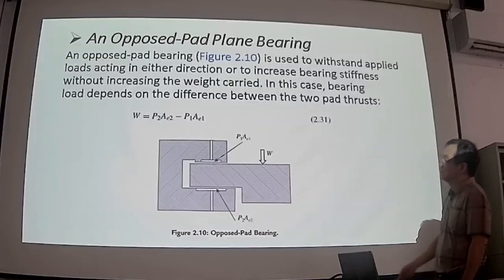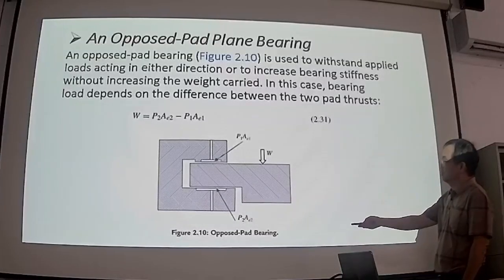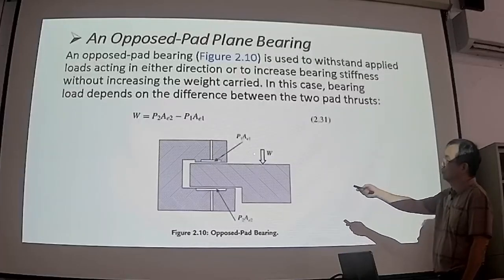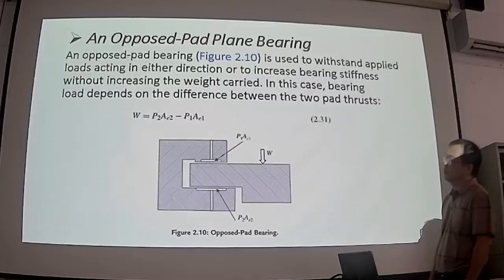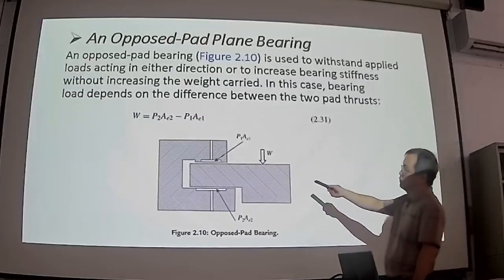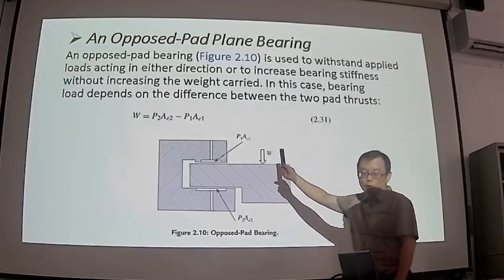So the area A2 is usually bigger than A1, so that you can handle normal loading and extra loading.